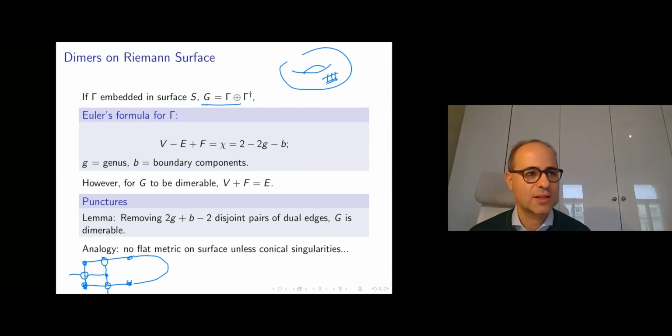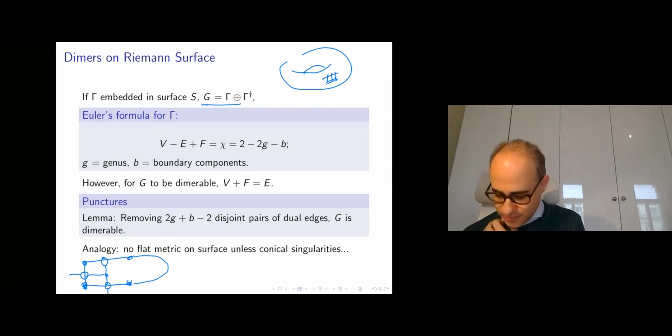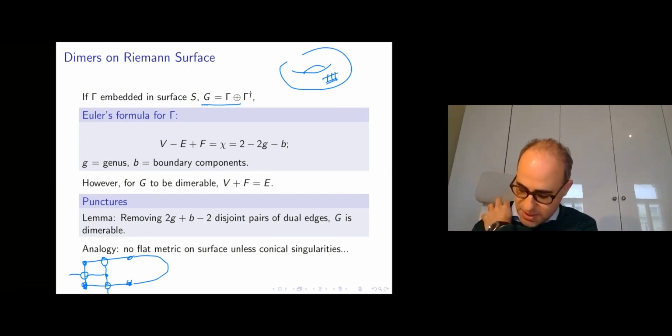So it's part of a big conjecture. So there is this notion of interacting dimer model.